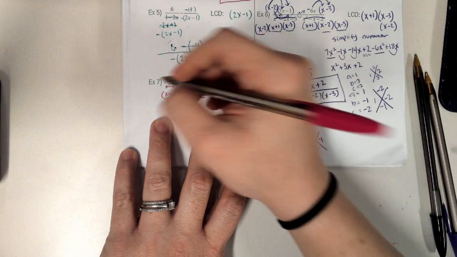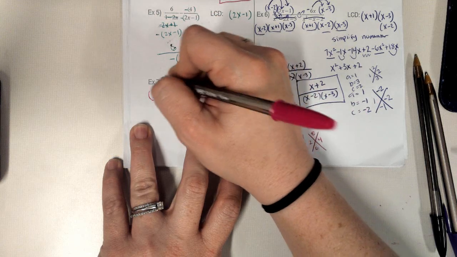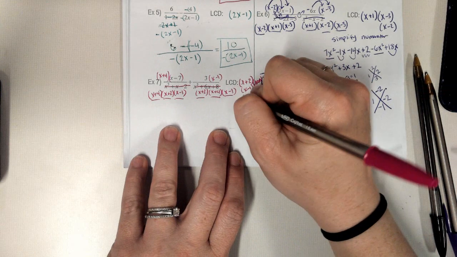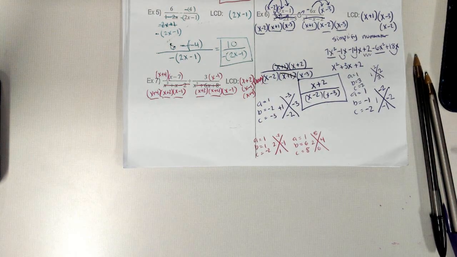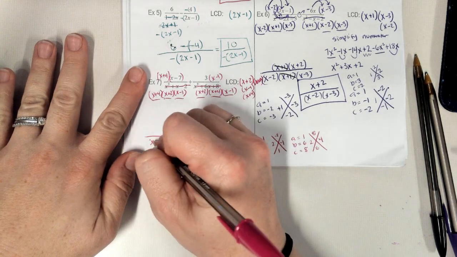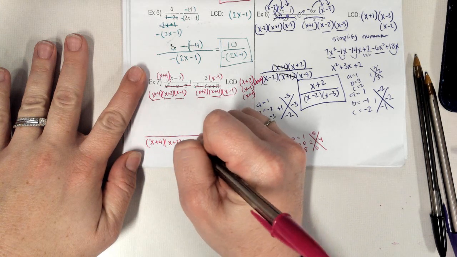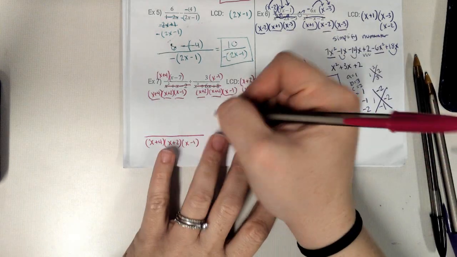And now this has an x plus 4, so this one needs an x plus 4. Okay, so again, I'm going to bring my common denominator down, and I'm going to simplify.